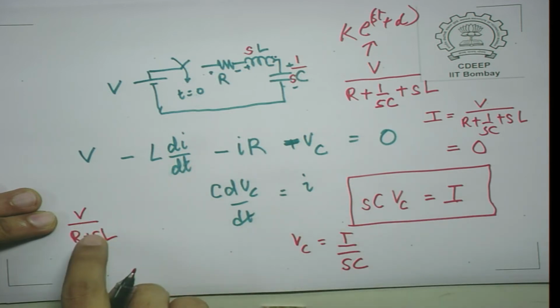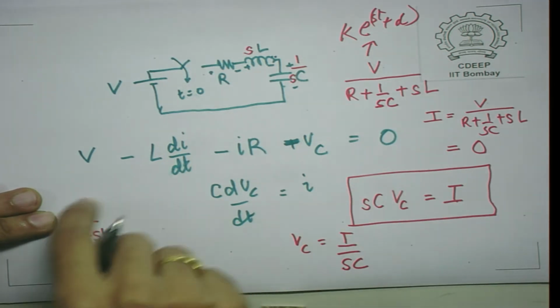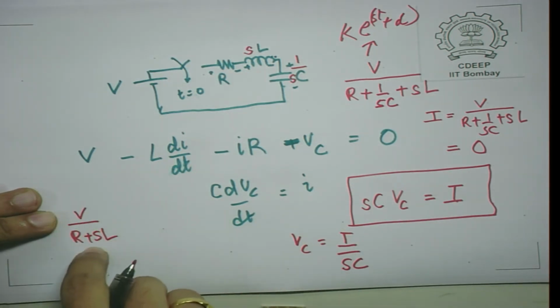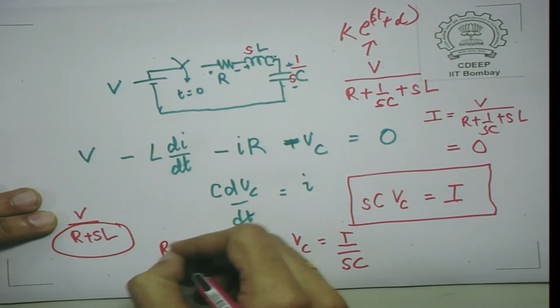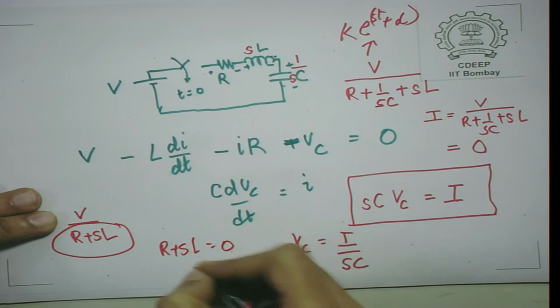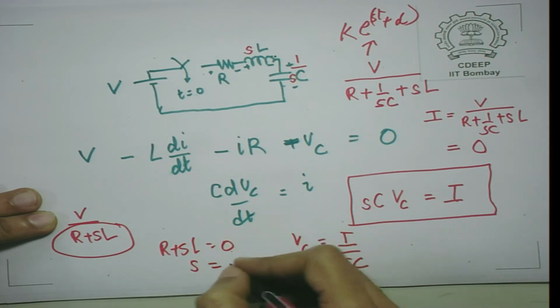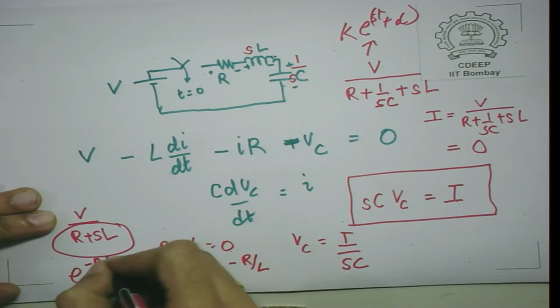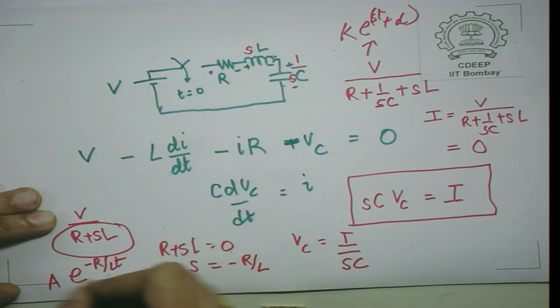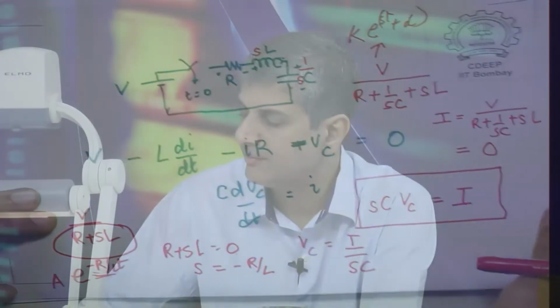In case you have got an RL circuit, the steady state output is this. So, what you find is that the denominator of this, if you set it to 0 and find out the value of S which results, turned out to be the thing which came in the exponent of the natural response. So, in fact, this is true even now.